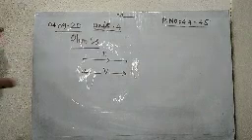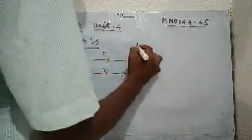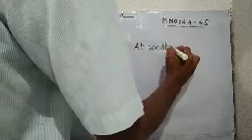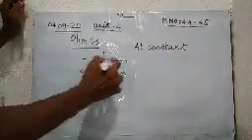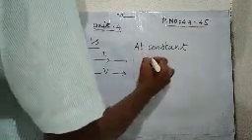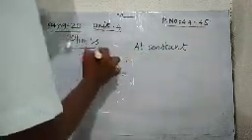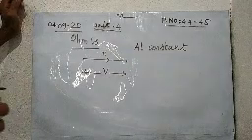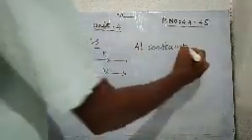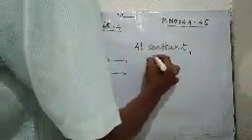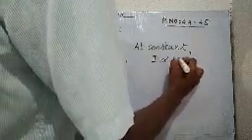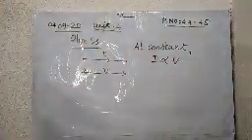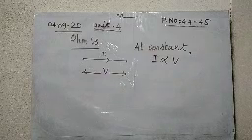According to Ohm's law, at constant temperature, when the temperature of the conductor remains constant, the steady current, that is constant current, flowing through the conductor is found to be directly proportional to the difference in potential across the ends of the conductor.